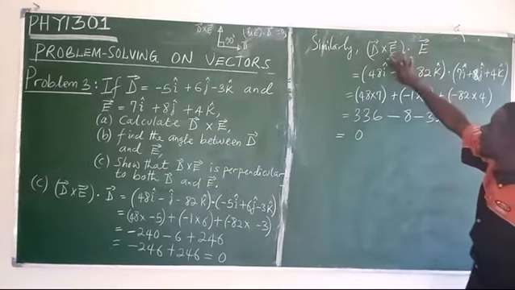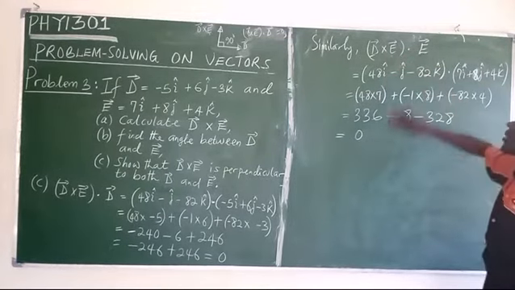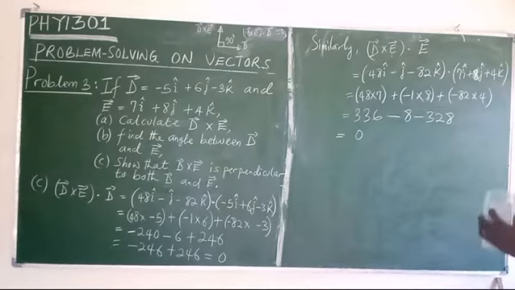So since the dot product of these two is 0, it means they make angle 90 degrees with each other.